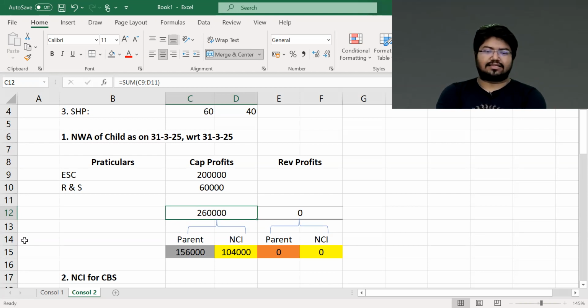Out of 2,60,000, parent has got 60% and non-controlling interest has got 40%. So in that ratio, we are going to split and show it is 1,56,000 and 1,04,000, and then revenue profit 0.